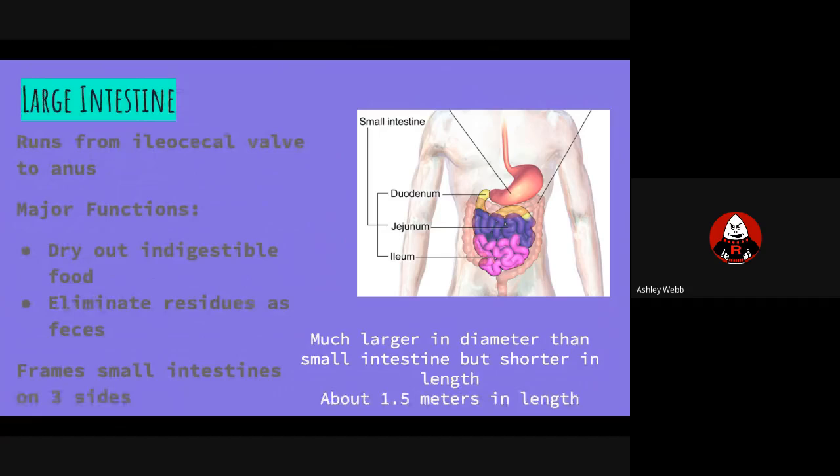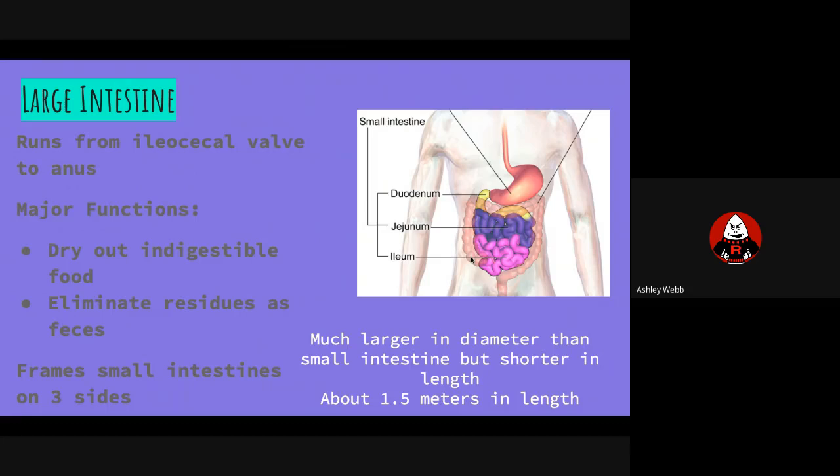The large intestine runs from the ileocecal valve to the anus. Its major functions are drying out indigestible food and eliminating residue as feces. The large intestine nearly circles the small intestine on three sides.